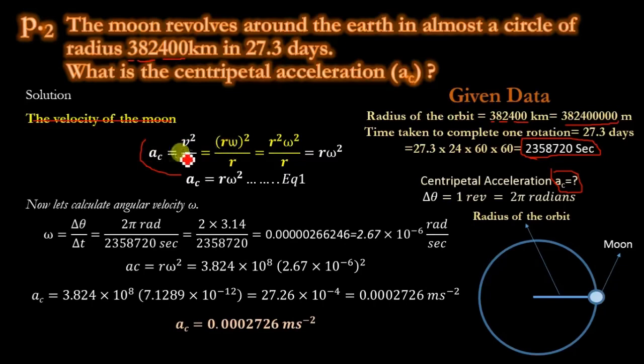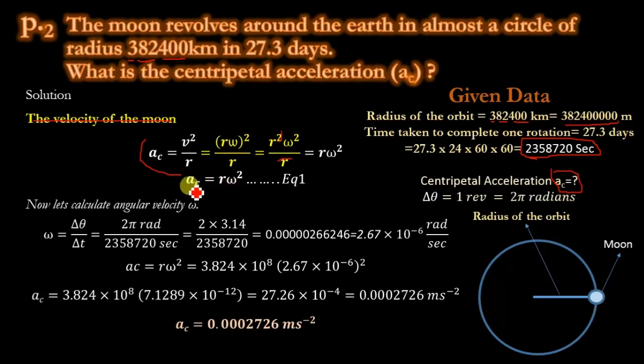So we will get AC is equal to (r omega) whole square divided by r. Further simplifying this equation, we will get r square omega square divided by r. One r will cancel out with r square and we will be left with r omega square. And the centripetal acceleration is equal to r omega square.